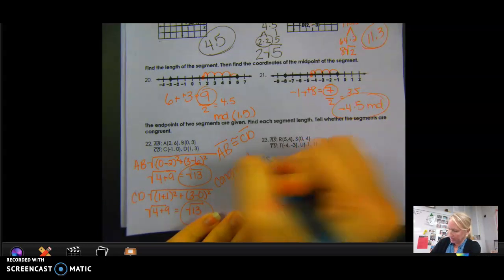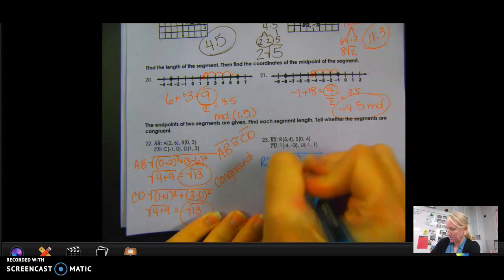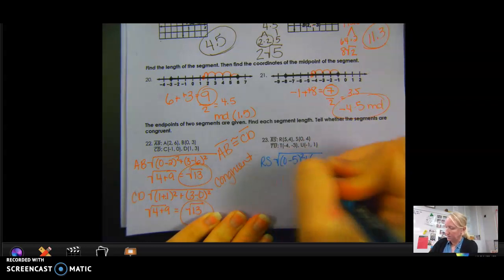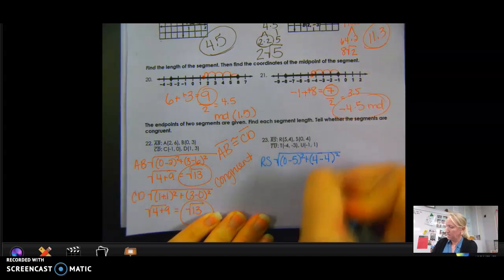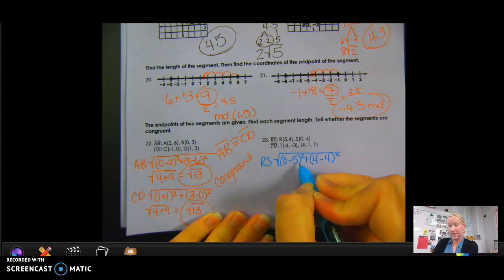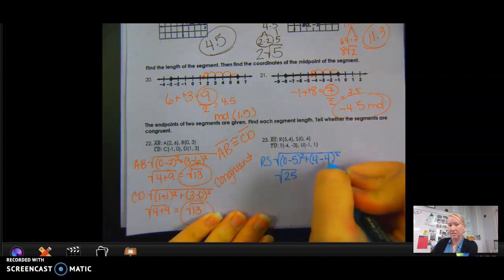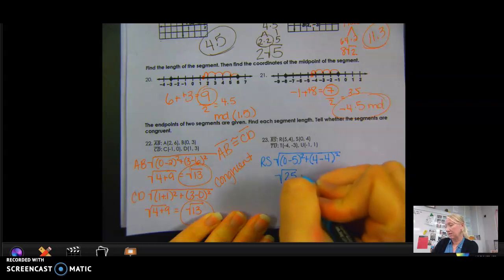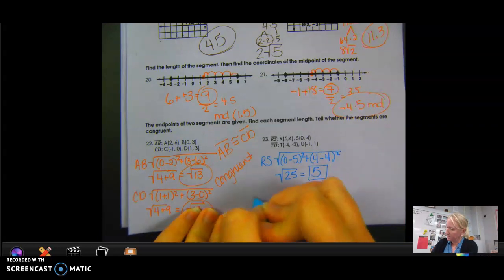So here RS, y2 minus y1 squared, sorry, that's x2 minus x1 squared. 0 minus 5 is -5. -5 squared is 25. 4 minus 4 is 0. 0 squared is 0. So square root of 25 is just 5 for RS.